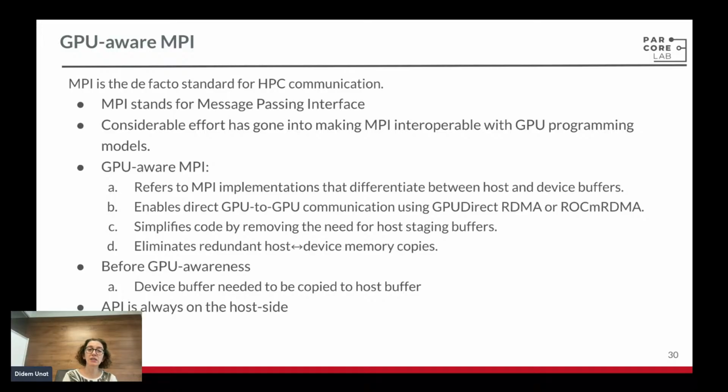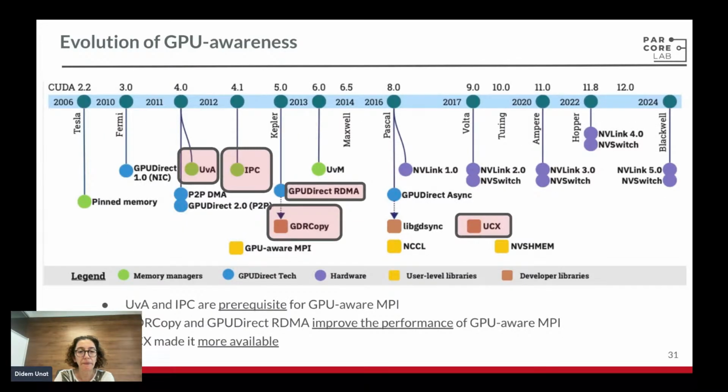It simplifies code by removing host staging. Otherwise, you would go to the host, then the host would transfer to another host, and then that host would transfer to the GPU. So GPU awareness reduces these extra buffer copies. And the API has always been on the host side, so the API calls are issued on the host side.